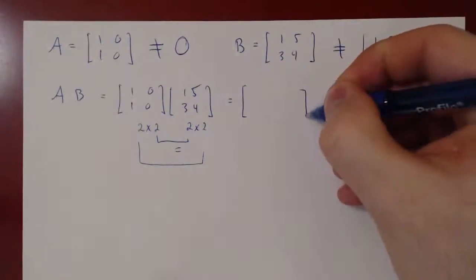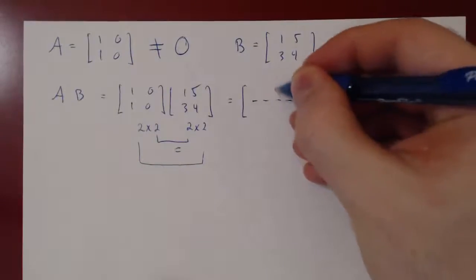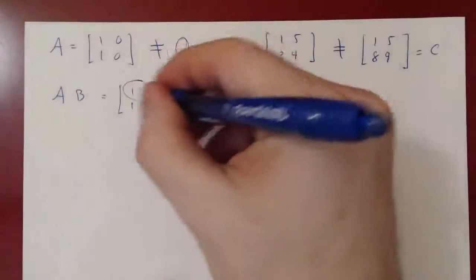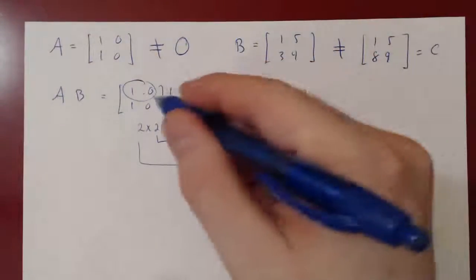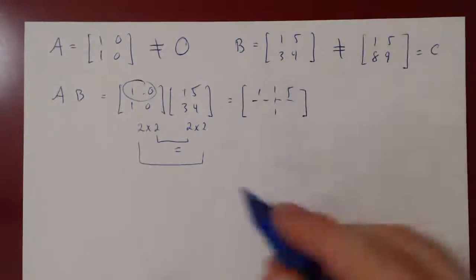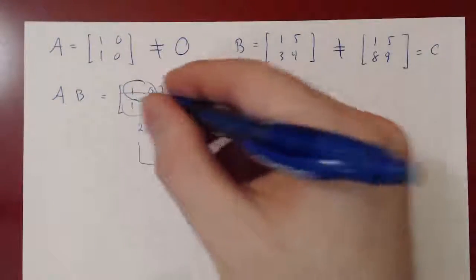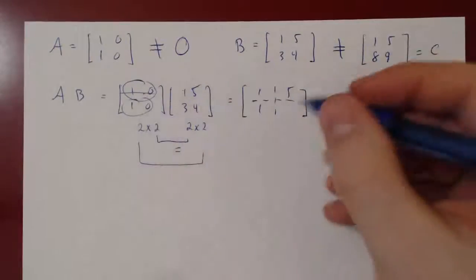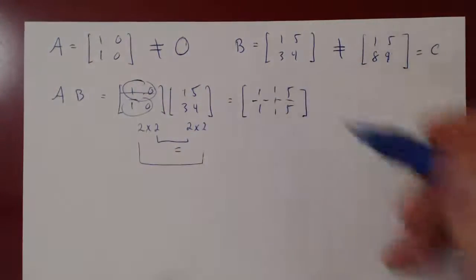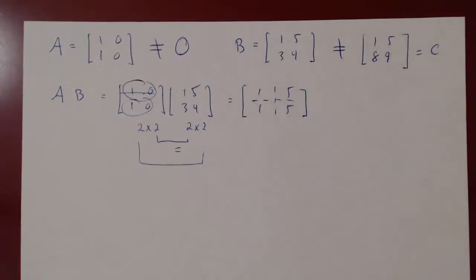As always, we construct the entries of our new matrix one row at a time. Fix the first row of A, go through the columns, you'll get 1 plus 0, 1, 5 plus 0, 5. Second row, same thing. 1 plus 0, 1, 5 plus 0, 5. And this is AB. Let us now compute AC.